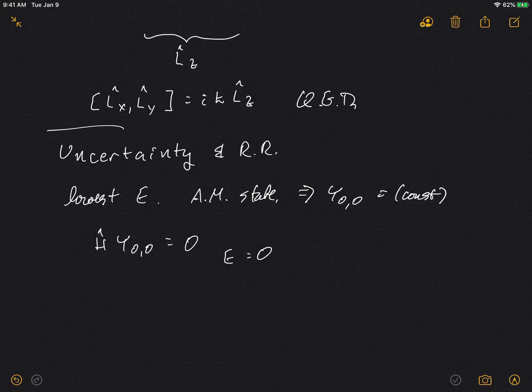And again, that's fine. You can have, in some cases, an energy of 0. This happens to be one of those cases. So unlike the particle in a box, where there's a 0-point energy, there is no 0-point energy.